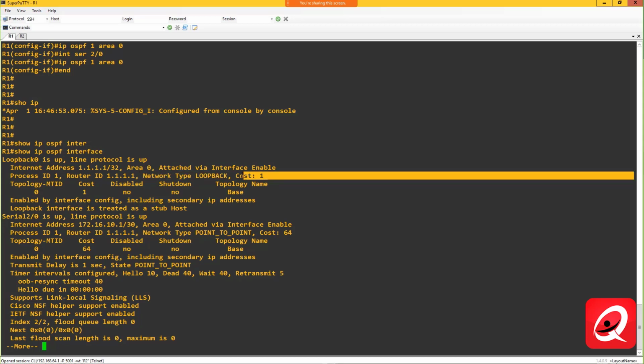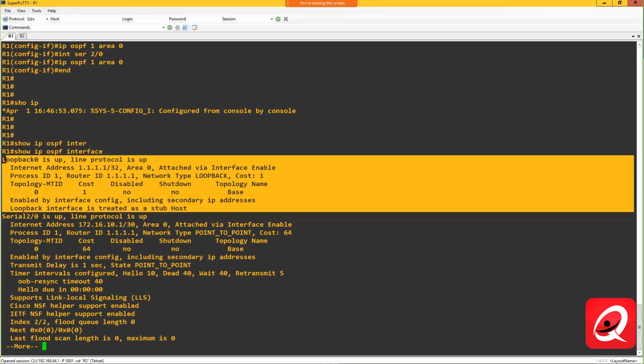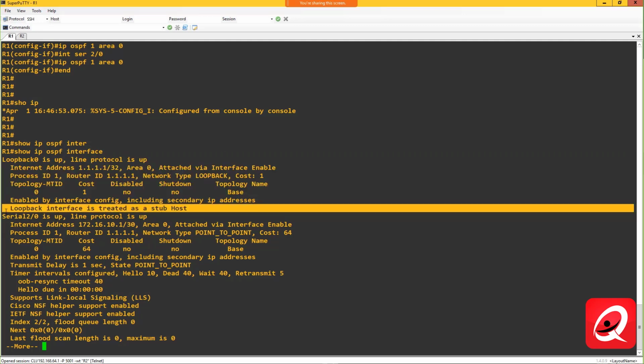The cost of that interface we'll talk about later on, and we can see that area 0 is attached to that network, but we don't see any relation to timers. There's no hello and dead timers, so we're not sending hello packets over this interface because OSPF has automatically considered that this interface is a loopback. It says, there's no way for me to form an adjacency with a peer on this interface. It's not a real interface, so we automatically treat this as a stub host. We'll talk about that a little bit more later on.